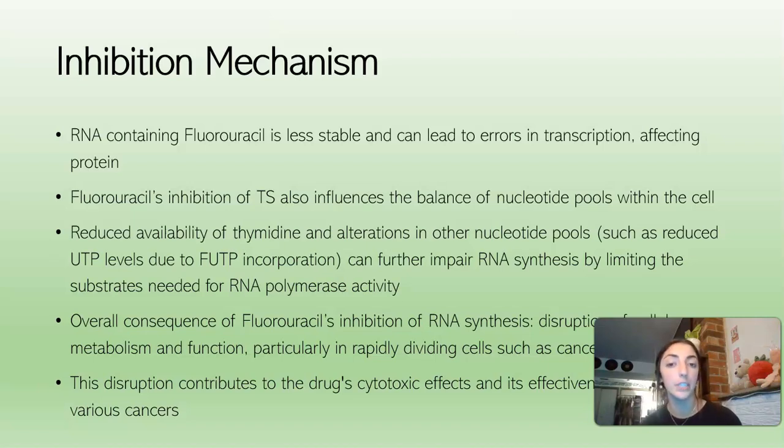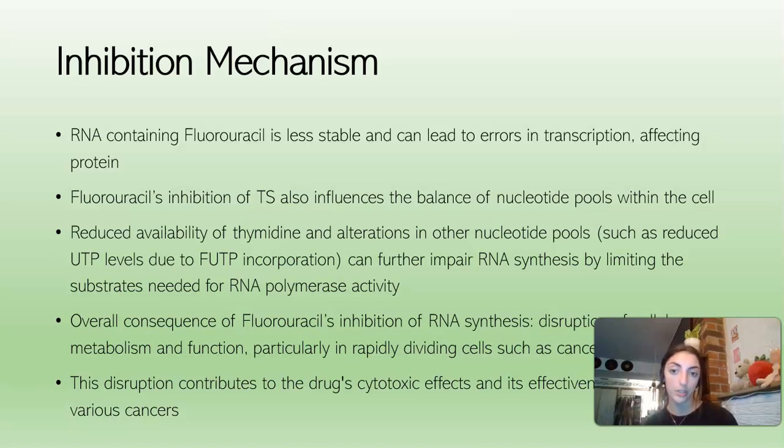Fluorouracil's inhibition of TS also influences the balance of nucleotide pools within the cell, like stated earlier, and reduced availability of thymidine and alterations in those nucleotide pools, such as reduced UTP levels due to incorporating FUTP. Those can further impair RNA synthesis and limit the substrates needed for RNA polymerase activity.